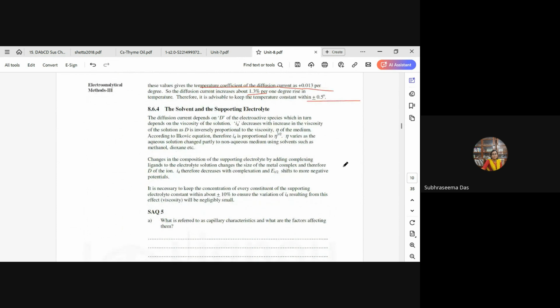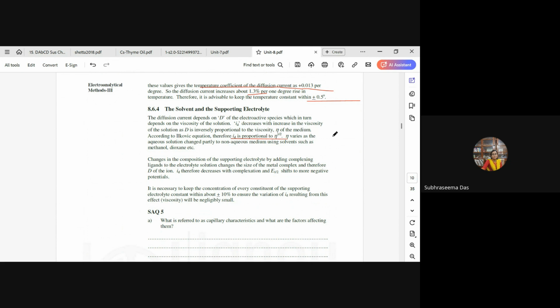Then coming to the influence of solvent and the supporting electrolyte on the Ilkovic equation. Now we know that the diffusion current depends on the viscosity of the medium. ID decreases with increase in viscosity because D is inversely proportional to the viscosity of the medium. So as per the equation, ID is directly proportional to eta to the power half.